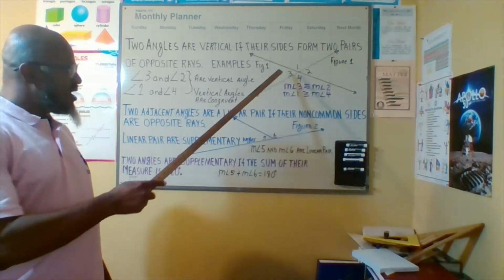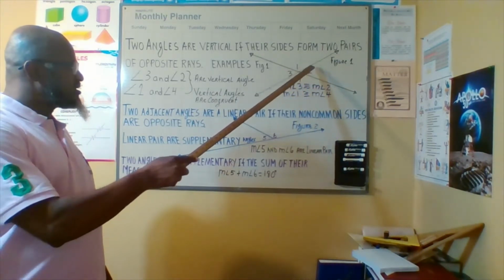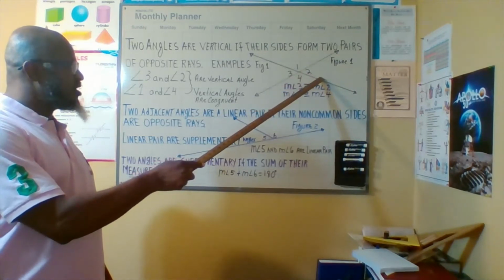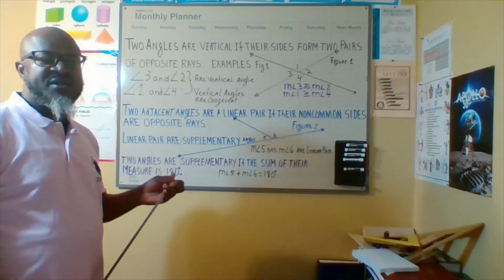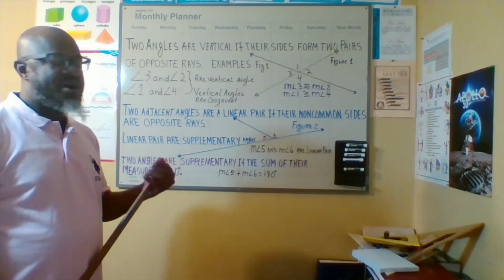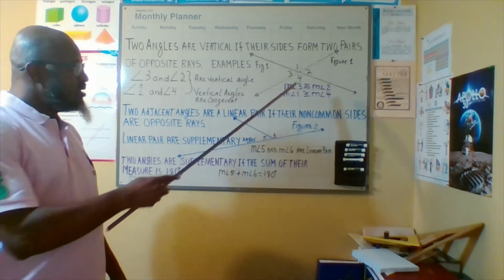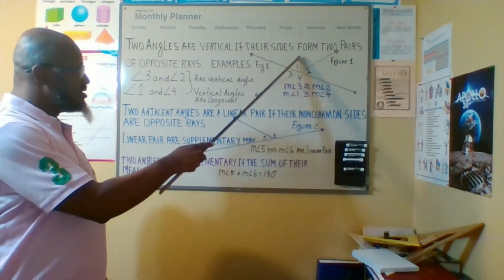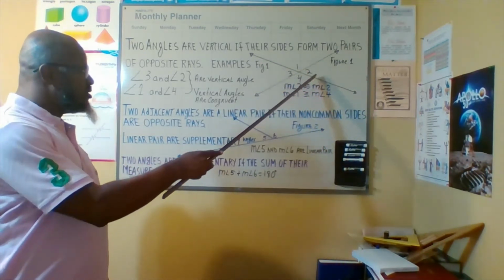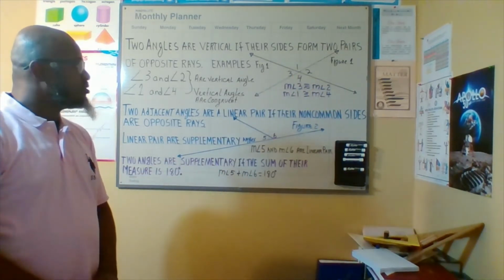Whatever the expression for angle 3, you must set it equal to the expression of angle 2, and that's the equation you solve to find the missing variable. Or the expression of angle 1 you set equal to the expression of angle 4.